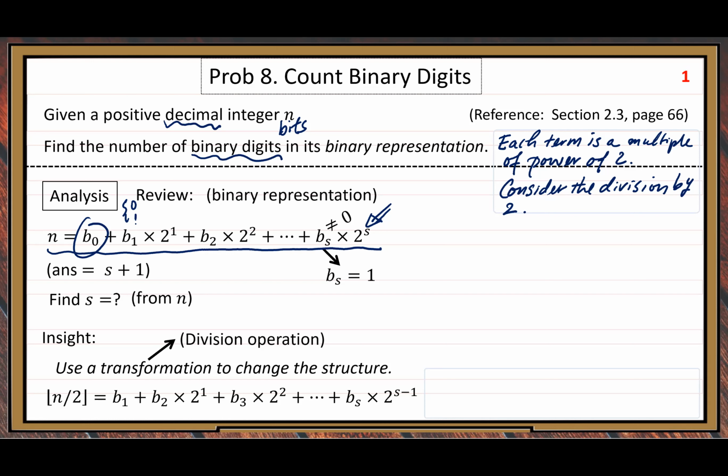Now you can see after we get this new expression, we need to do some interpretation: whether this new expression can help us get the answer more easily. That's our goal.